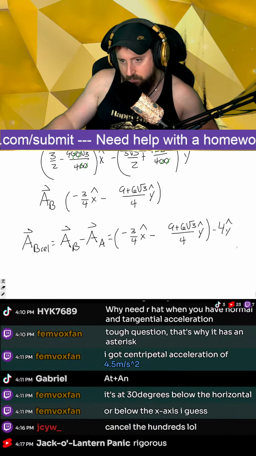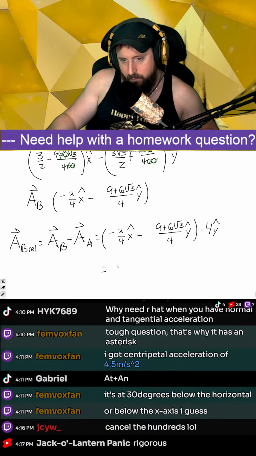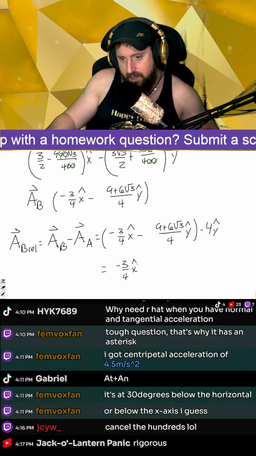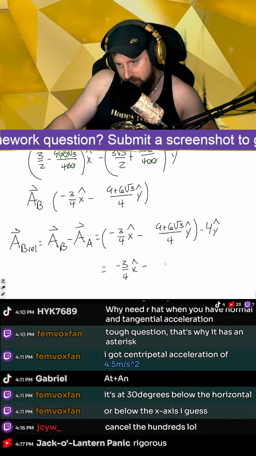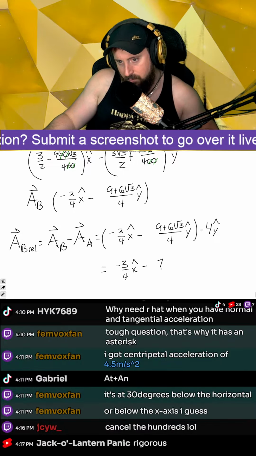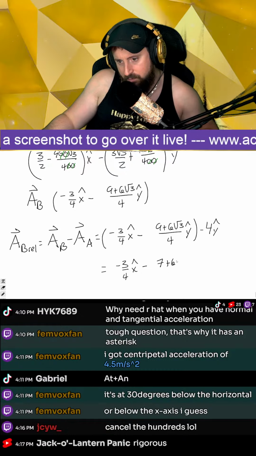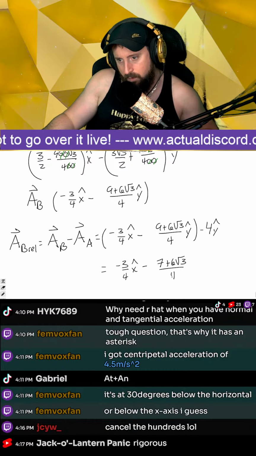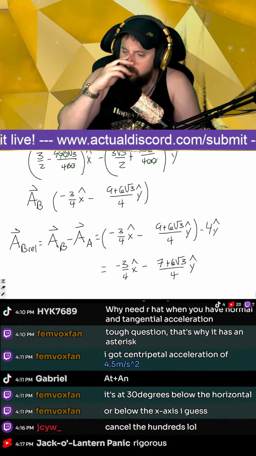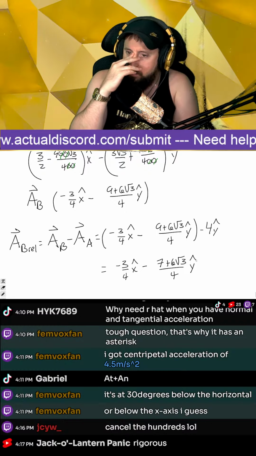So that's 16 over 4. So the final thing we get is negative 3/4 x hat minus 7 plus 6 square root of 3 over 4 y hat. Is that right? Minus 16 over 4.